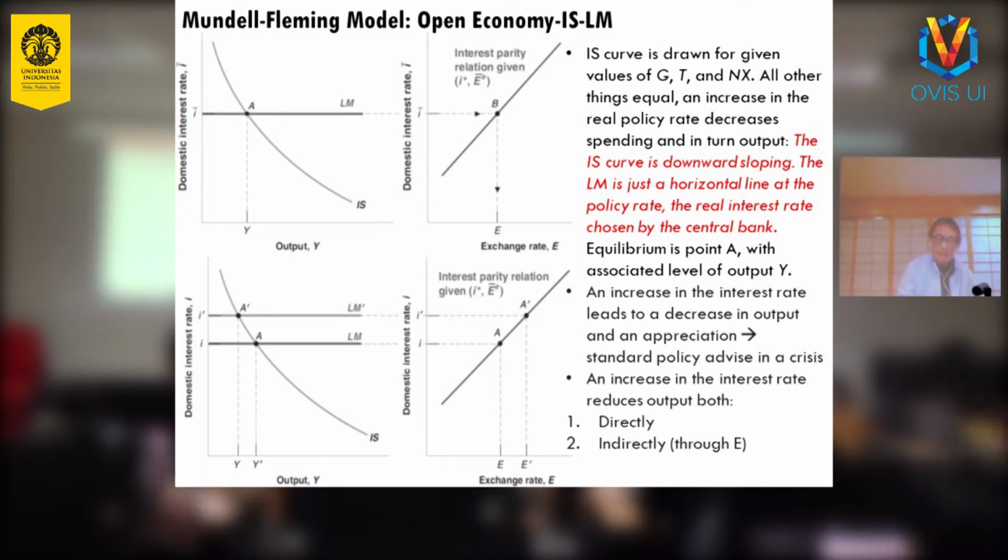Now, I hope you all still remember why the LM curve is horizontal, right? It's flat horizontal. It doesn't mean that a positive slope LM is wrong, no. Let me repeat what I said, I think it was 2 weeks ago. You can still draw a positive slope LM, but the reason why we draw the LM curve horizontal is because in many countries now, the so-called central bank or the monetary authority, when they conduct monetary policy, what they do is really increase the interest rate, not the money supply.